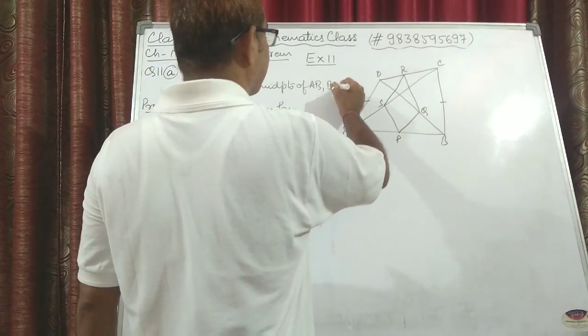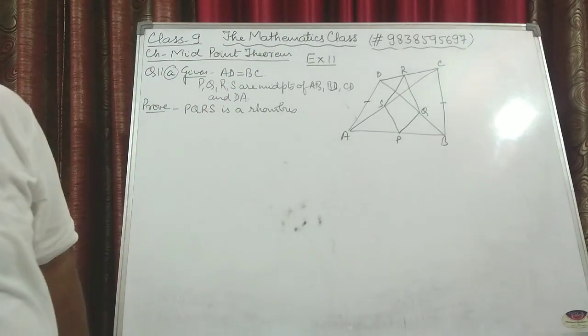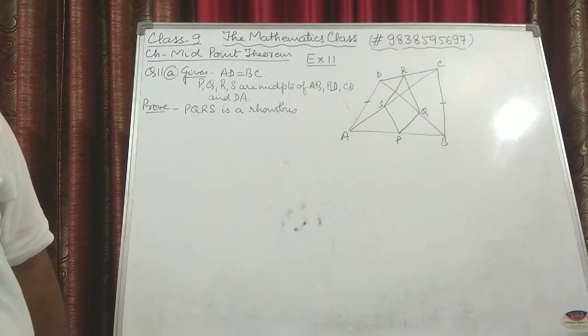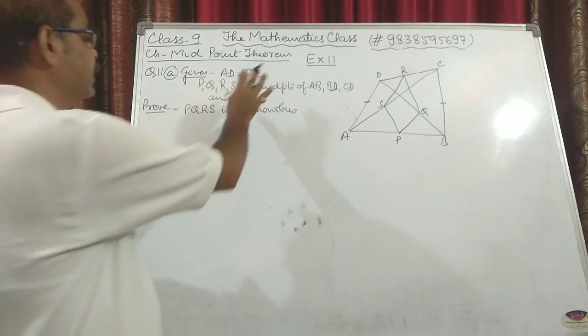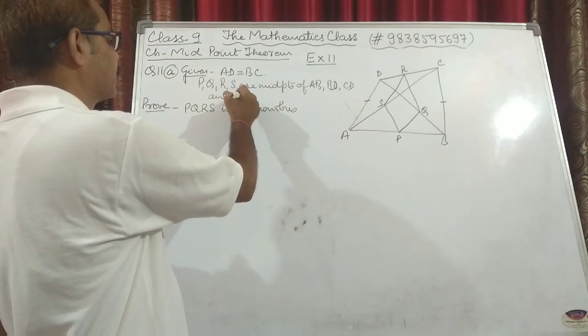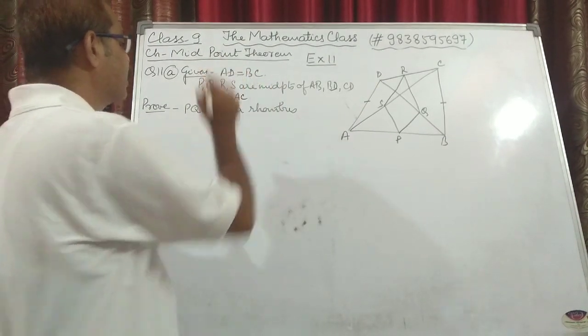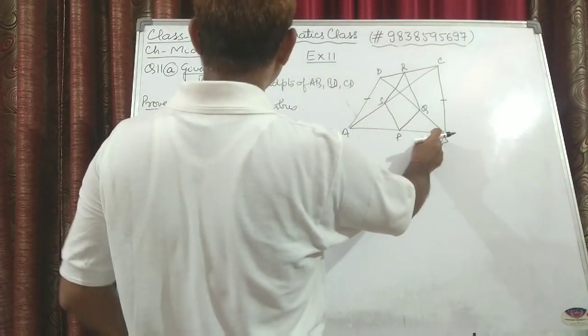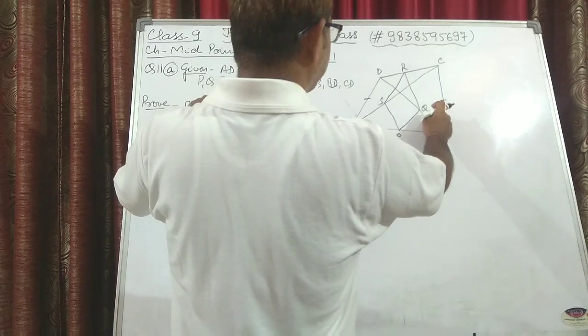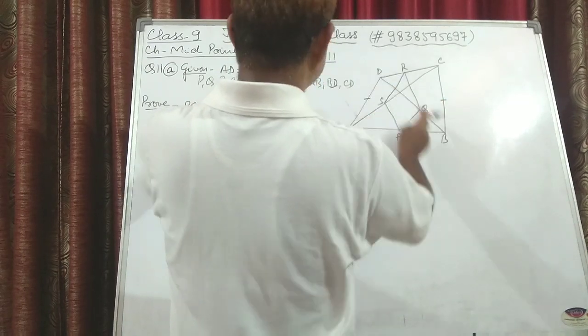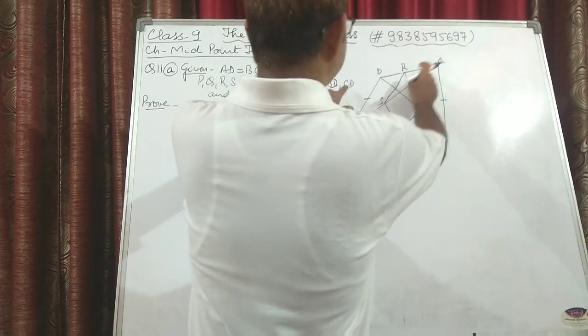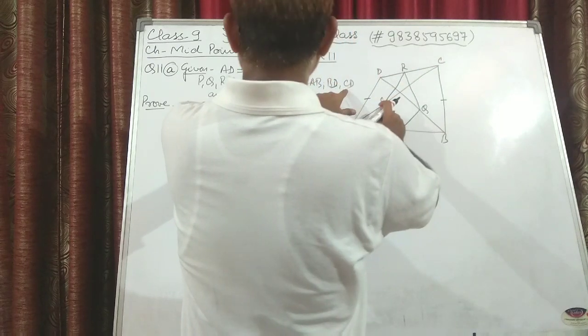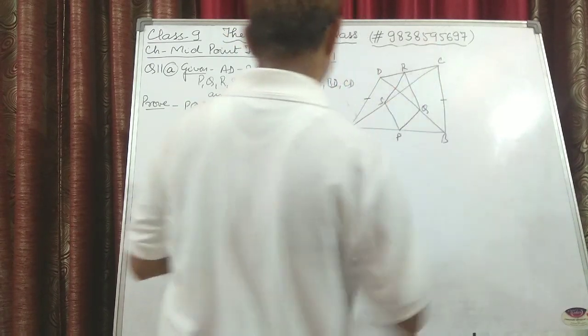CD, AC. Now what is given is that P is the midpoint of AB, Q is the midpoint of BD, R is the midpoint of CD and S is the midpoint of AC.